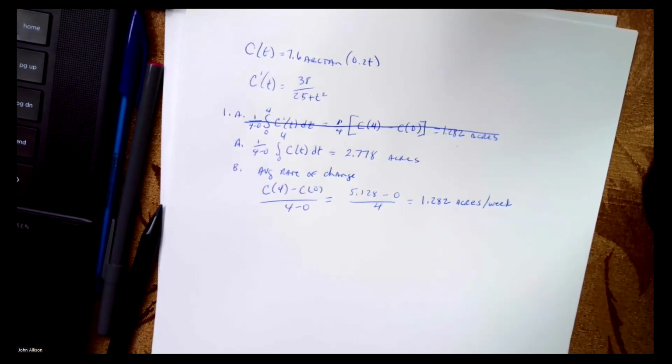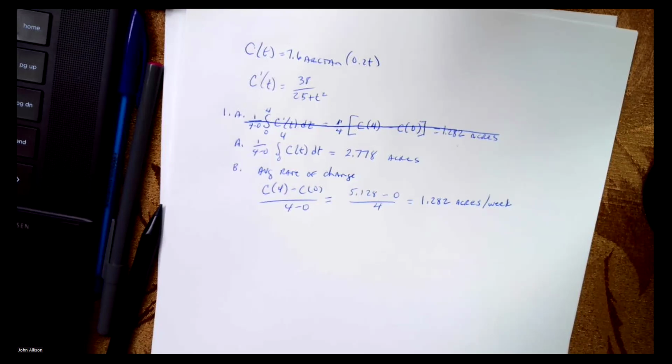Then I want to set this for only the derivative graph. I'm going to graph it. I'm going to go ahead and do the 1.282 acres per week also. I'm going to put that in Y3. I'm going to graph that.